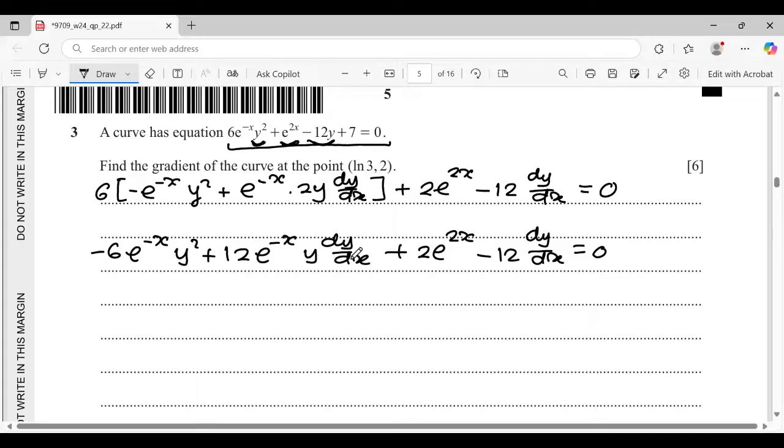And then there are terms with dy/dx, so I would like to factorize dy/dx.